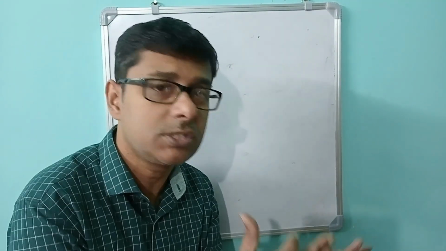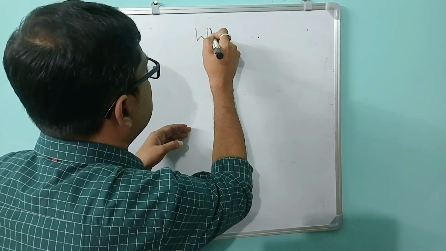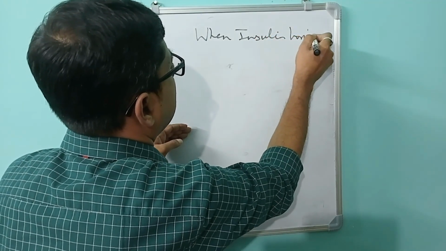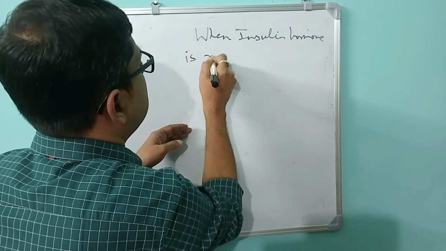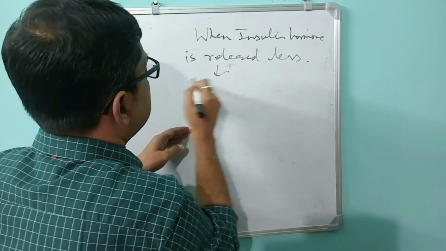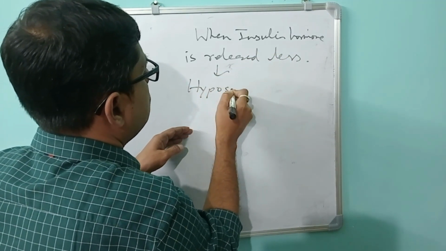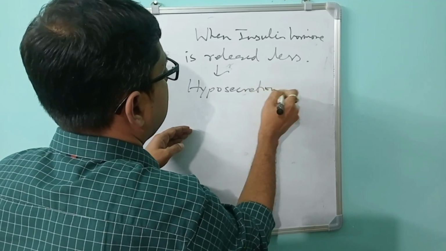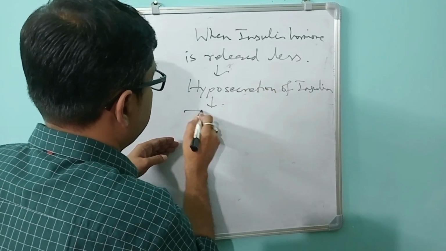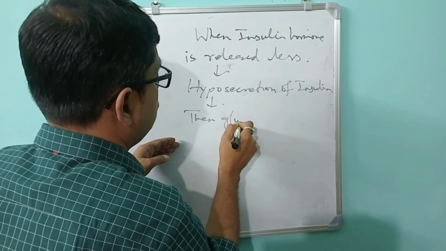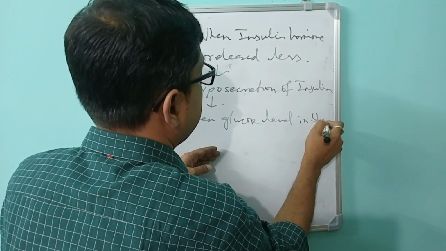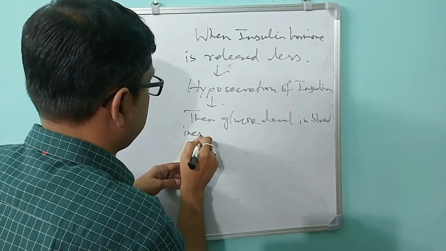That is hyposecretion of insulin, then the glucose level in blood increases.